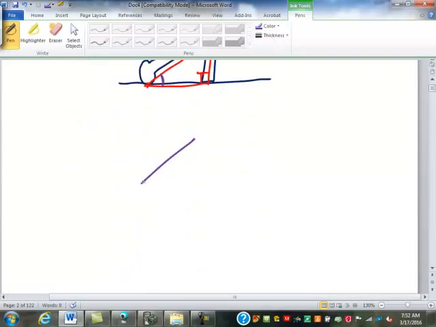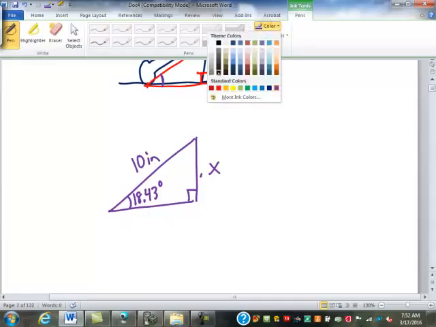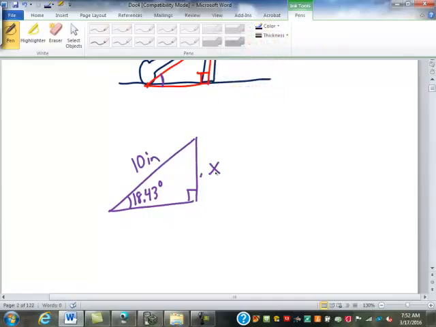So now I'm going to go back to just drawing my triangle. This is the 10-inch sine bar here. And let's say I want this angle to be exactly 18.43 degrees. I need to know this height here. I need to know what to build up my gauge blocks to be. How do I find that height?